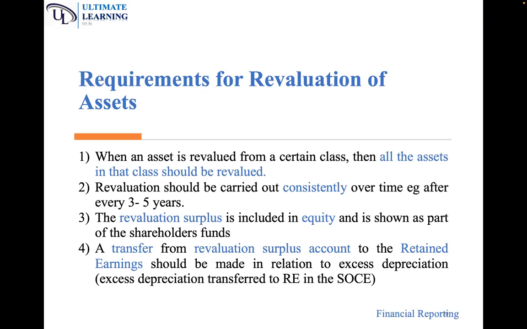If the policy is every 2 years, ensure after every 2 years you do revaluation. Don't do 2 years and then you skip, again you do after 7 years. No, you must be consistent in the period of revaluation. So that is point number 2. Revaluation should be carried out consistently over time.